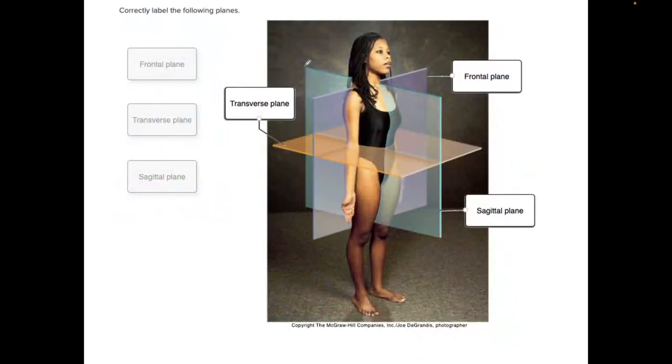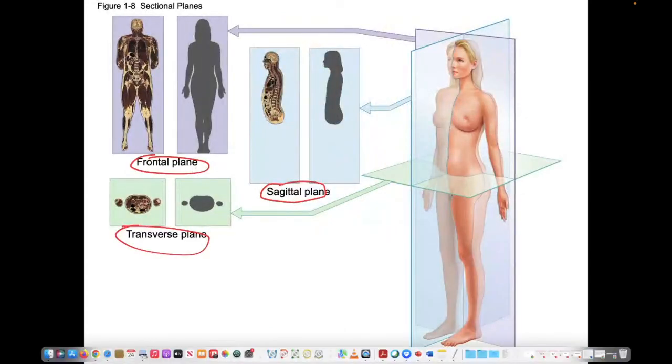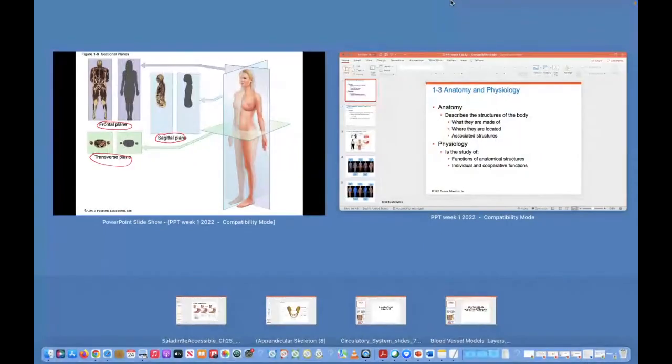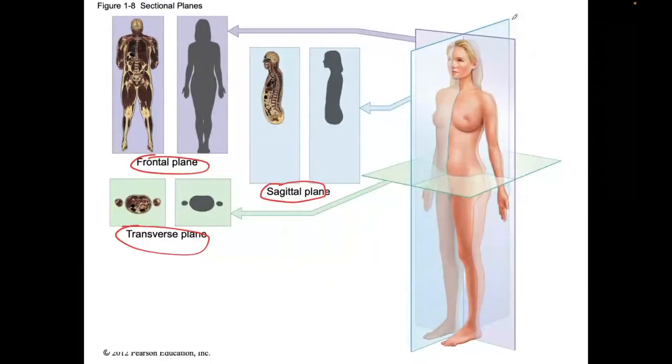And again, whenever we cut the body in this direction, going from back to front so that it separates the person into a left half and a right half, they call that the sagittal plane.